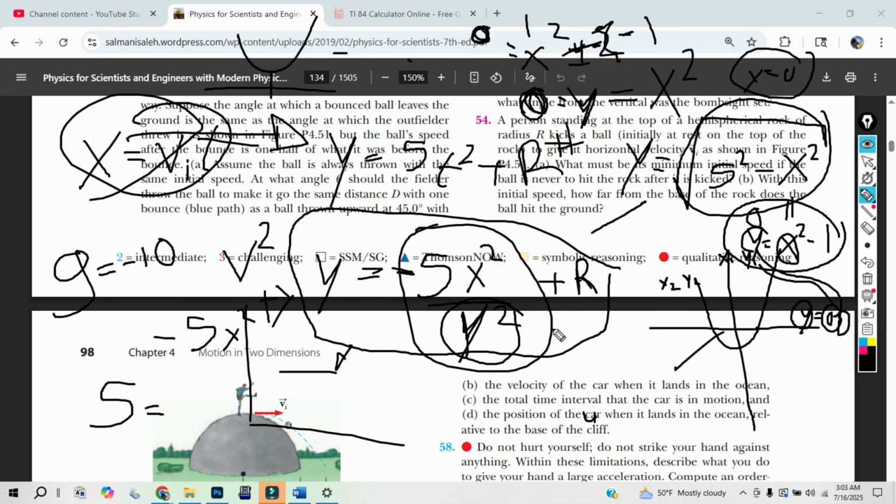I'm so glad I did this problem from the guess and check, because we kind of got our answer, and now we're just trying to figure out the math. What are we trying to do?